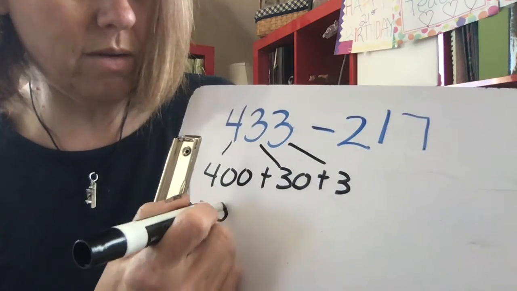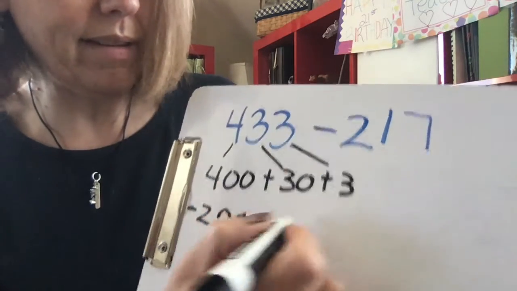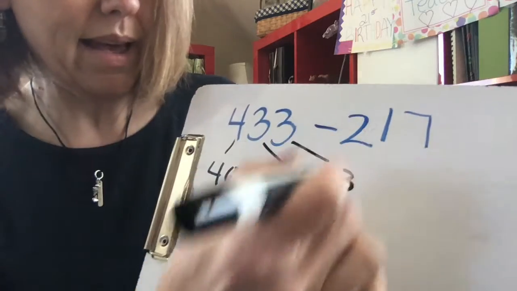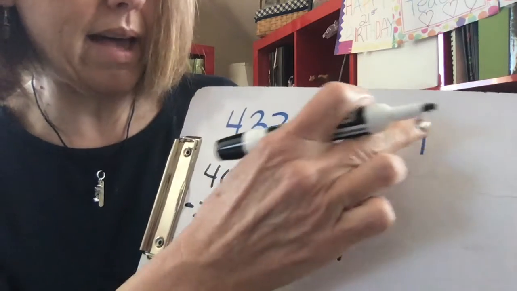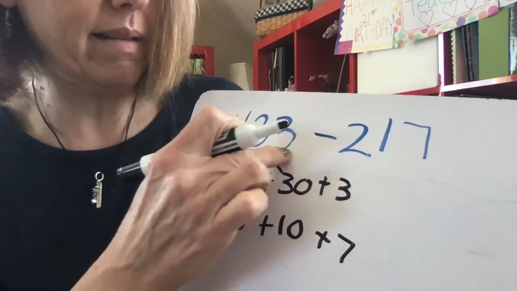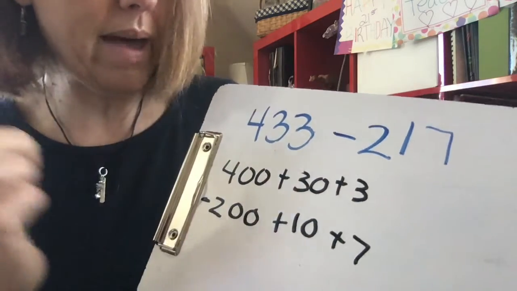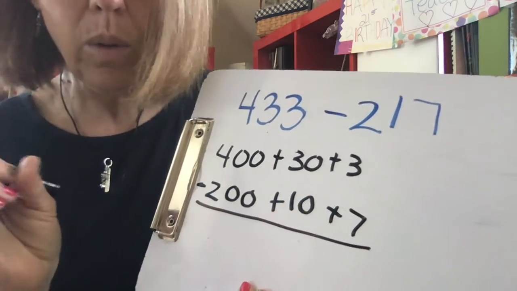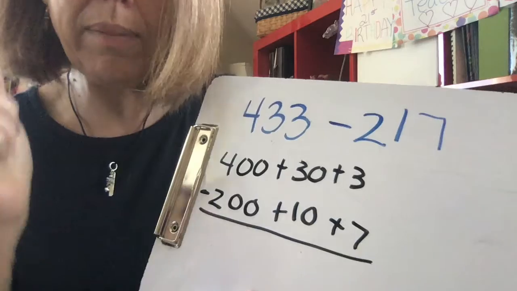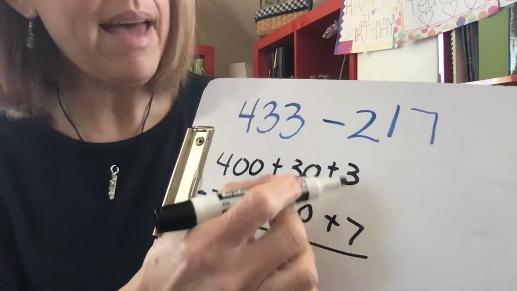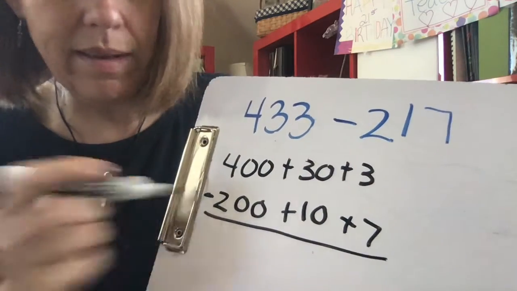Minus 217, there's 200, there's 10, and there's 7 ones, okay? I'm going to erase these because I don't want those to get in your way. Okay, little bit of a problem. I cannot subtract, because look, this is where I'm at, right?